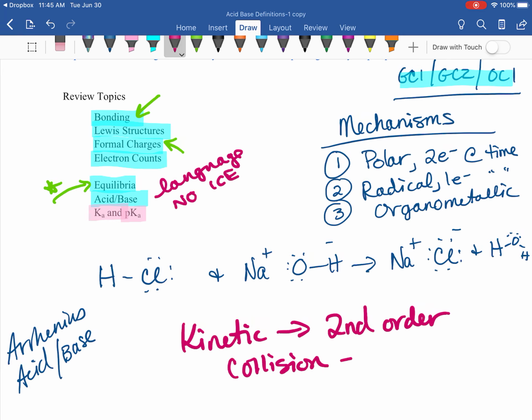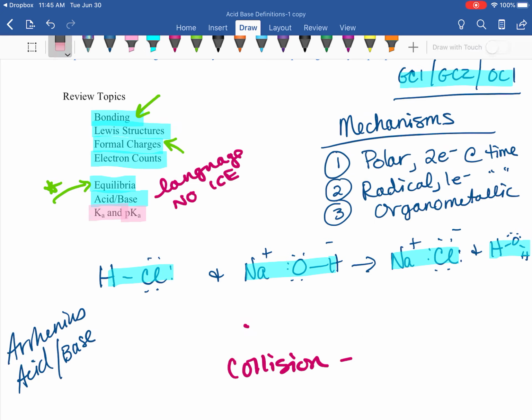Well, why do we care about that? What it's telling us is literally your acid and your base need to smack into each other in order to make our 2 products. So we take that to the next level in organic chemistry. We're going to take that information and add electrons to it.